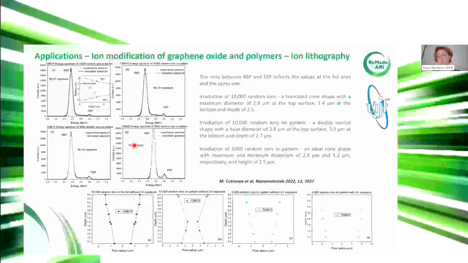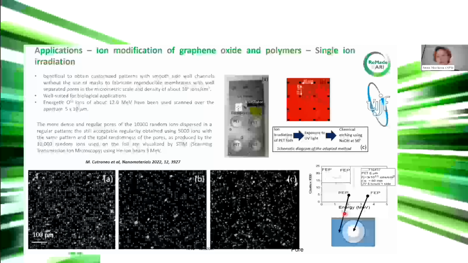And what is again very nice is that our ion beams can be used with scanning transmission ion microscopy to test the morphology, it means how our pores look. As the protons penetrate the sample, if they go via a pore, here you see in the high energy part such a peak.